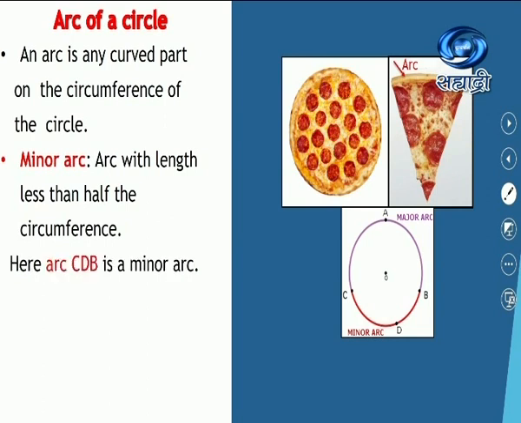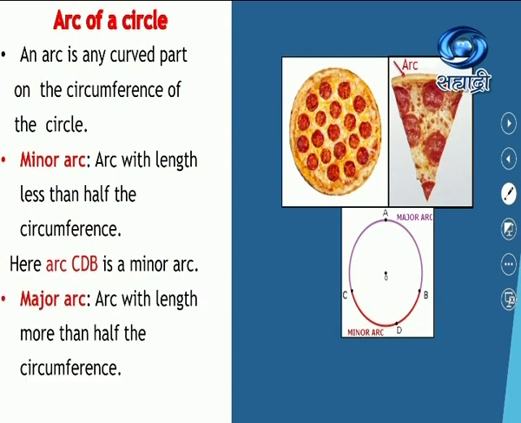So if you look at the figure, then here arc CDB is your minor arc. And then major arc: arc with length more than half the circumference. So half the circumference and more than that is known as major arc. So here arc CAB is a major arc.